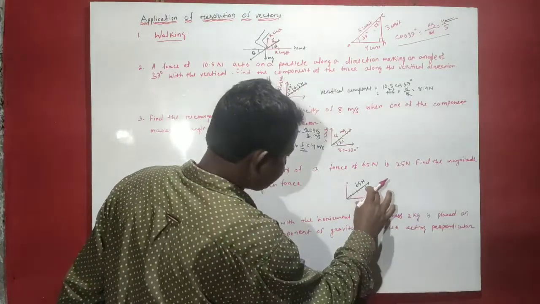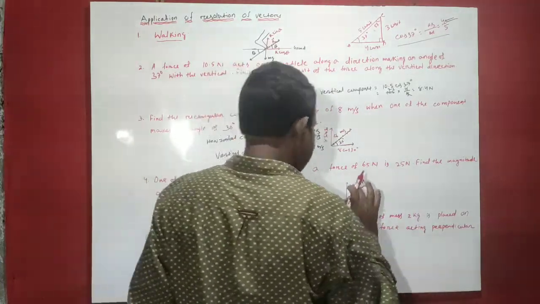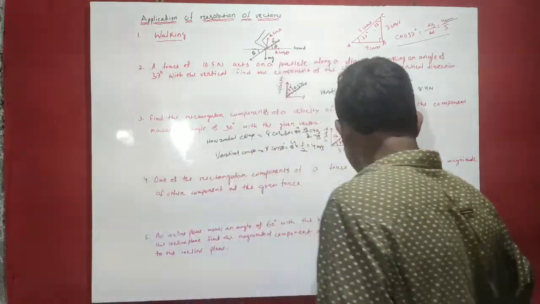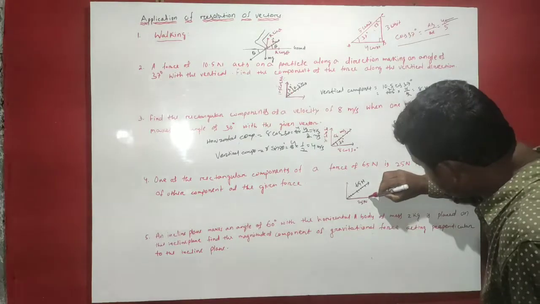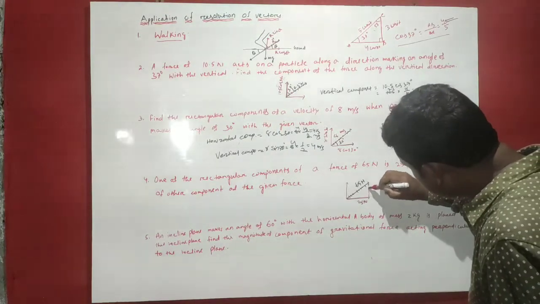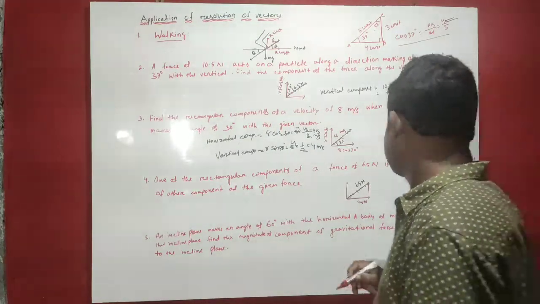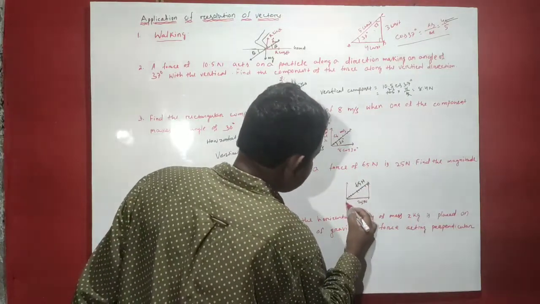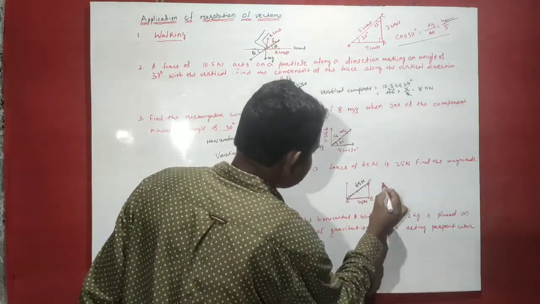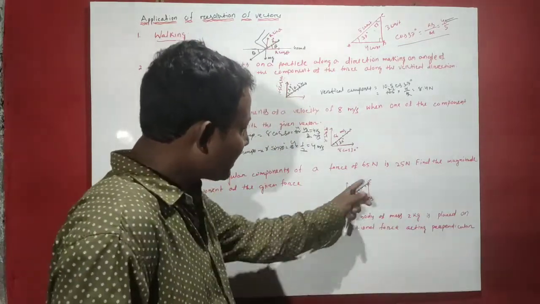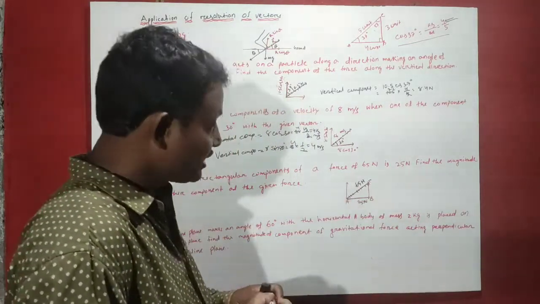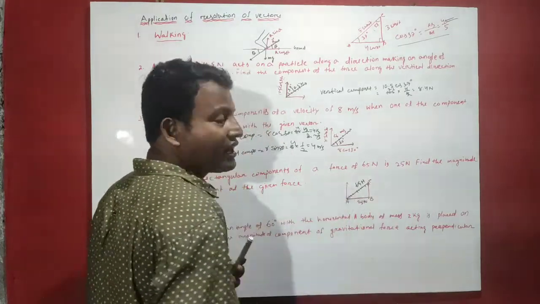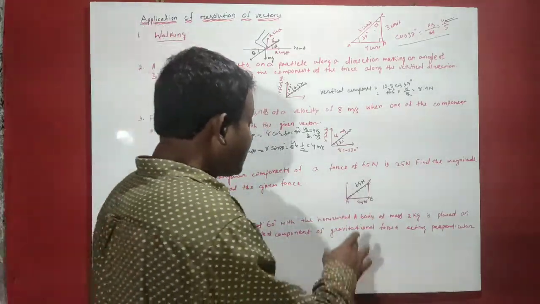That means when we parallelly shift this vector, it gives a triangle. Let's say triangle ABC. In triangle ABC, we have to find the side BC, which is our required answer.